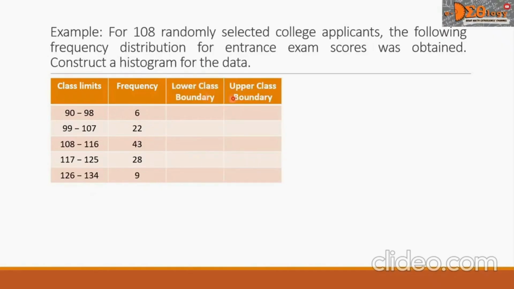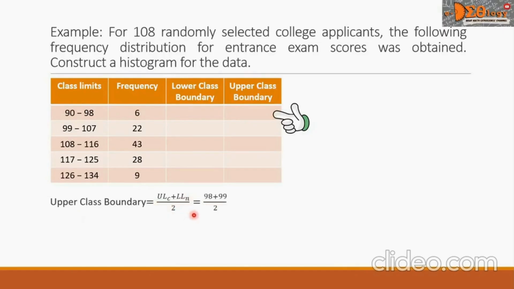We need 2 more columns, and these are lower class boundary and upper class boundary respectively. Let us now solve for this first blank here for the upper class boundary, which is for the first class interval. The formula is given to us, which is upper limit of the class plus the lower limit of the next class divided by 2.